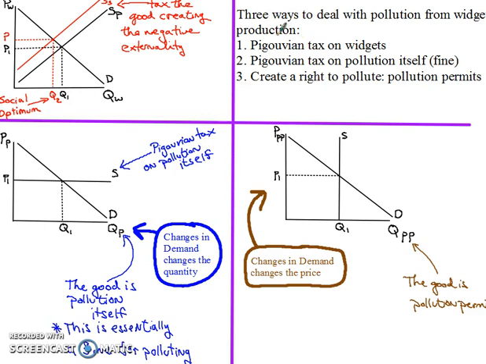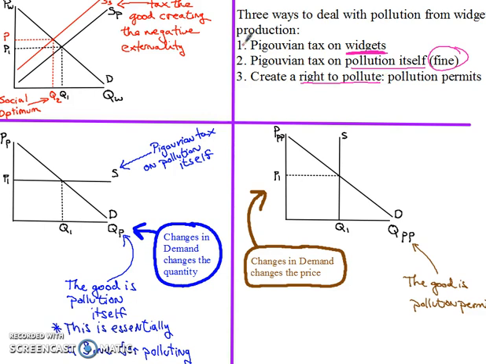We're going to look at a graph for a Pigouvian tax on widgets, the good that the company is producing that's creating the pollution problem. Then we'll look at a graph where we put the Pigouvian tax on the pollution itself, the concept of a fine. And then we'll look at the Coasian idea, where we create a new private property right, in this case a private property right to pollute. So let's get at it.